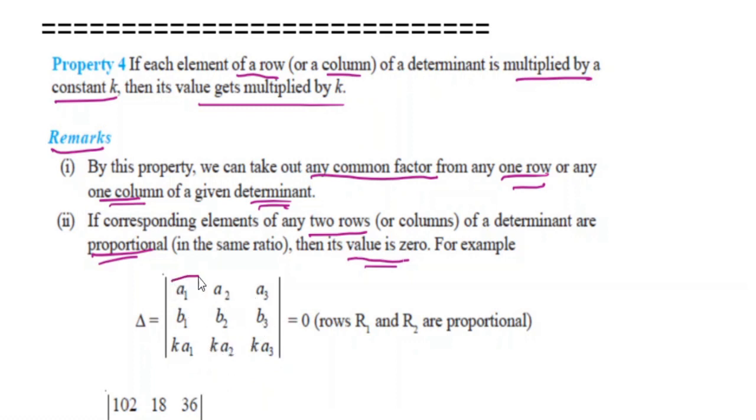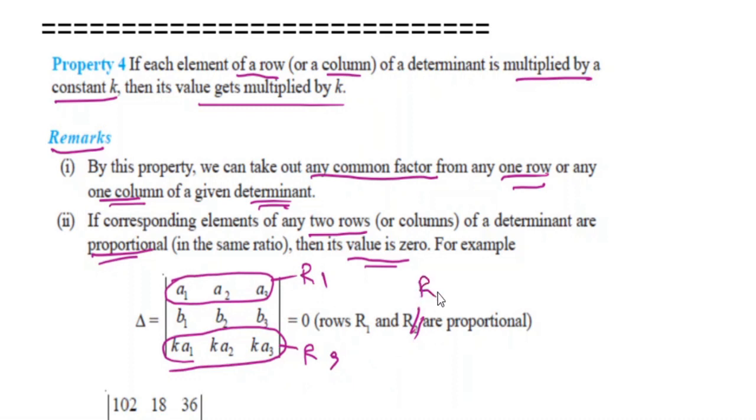So A1, A2, A3, the row 1. And what about this? That is kA1, kA2, kA3. So these two are proportional, R1 and R3.